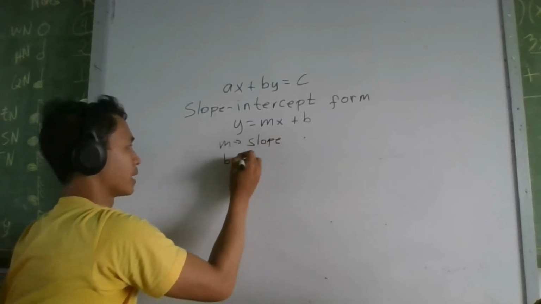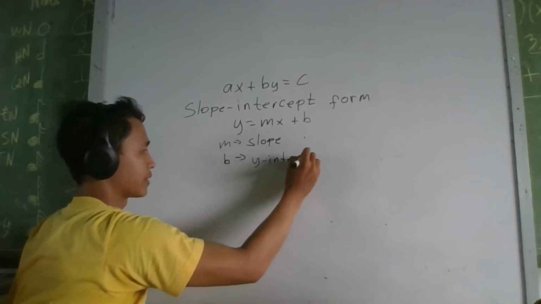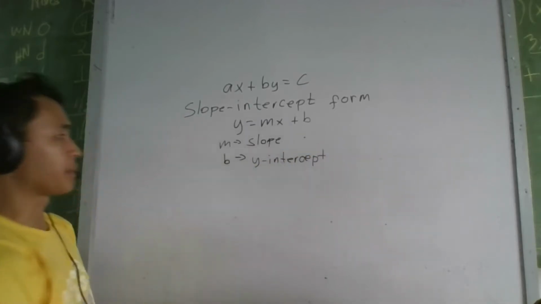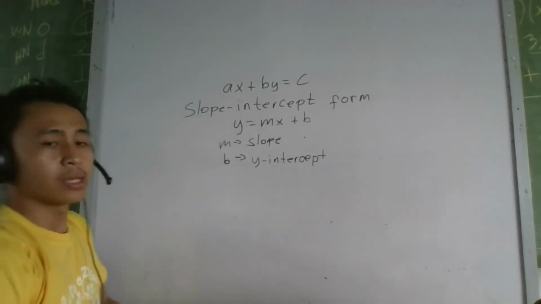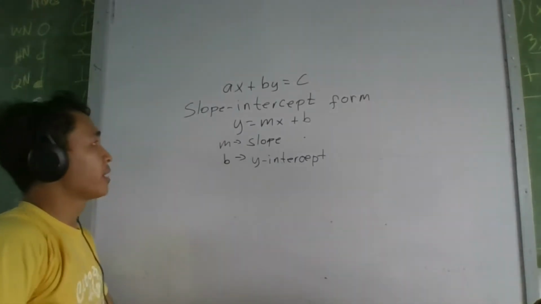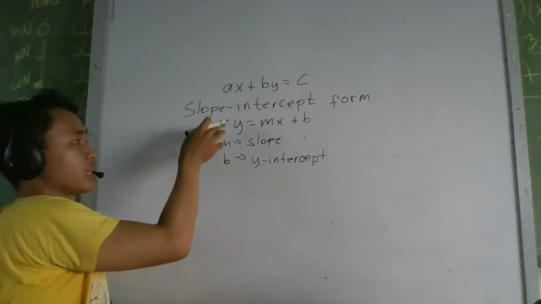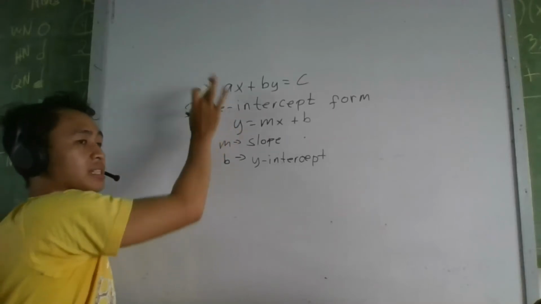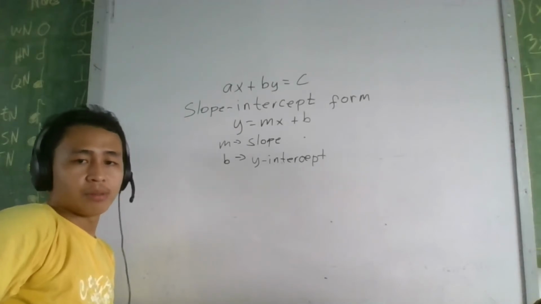Yung b there is our y intercept. Later, i-discuss ko kung ano yung mga intercept natin, pero let's focus on the slope intercept form muna. So what if we are given a standard form of equation, then you are asked to convert that into slope intercept form and vice versa. Okay, how are we going to do that one? Let's have an example problem for that.